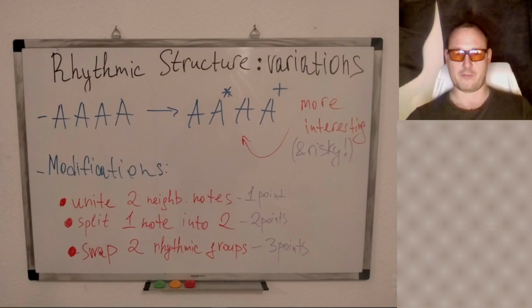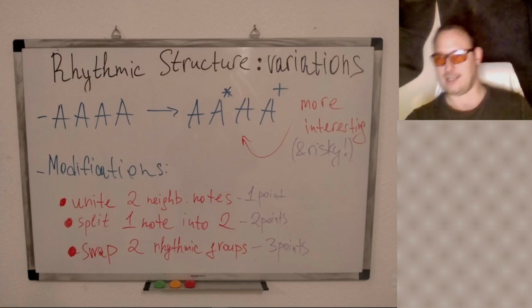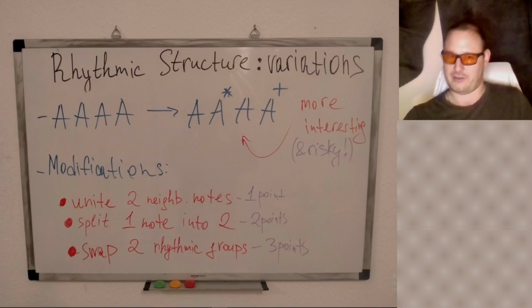The more points you collect, the farther you have moved from your original rhythm. Here, the first line has 1 point because this unity decreases the complexity of the rhythm, unlike the second line and the third line, they increase complexity.